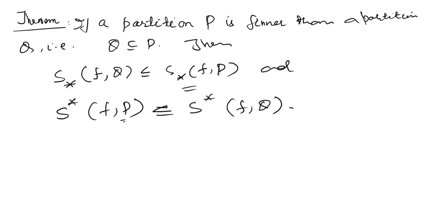Since P is finer than Q, we assume that P contains 1 point more than Q. It may contain more than 1 point, but suppose it contains 1 point which is not in Q. Then for the rest of the points you can apply the same procedure.